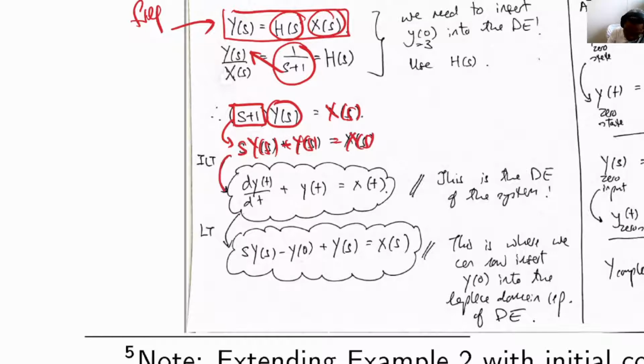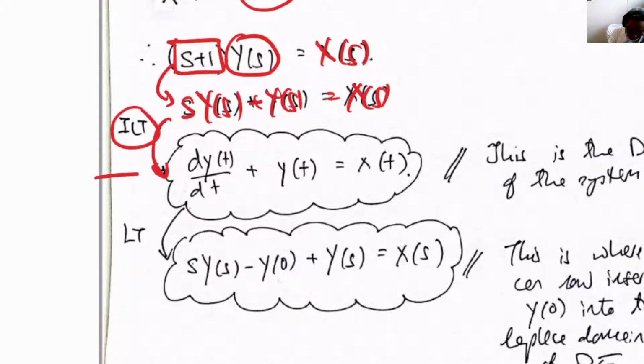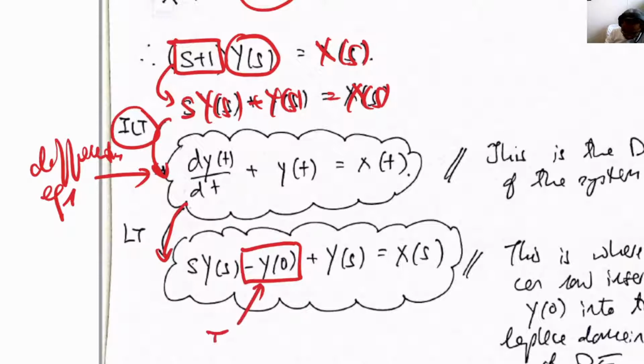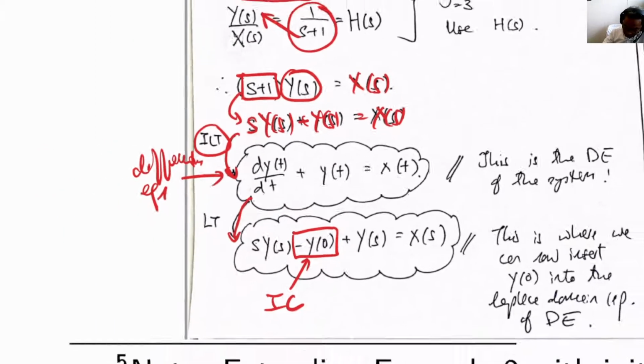Now here is the trick. We perform inverse Laplace transform to get the differential equation. And what we do now is we again take the Laplace transform of this differential equation so that we can now finally introduce our initial condition here.